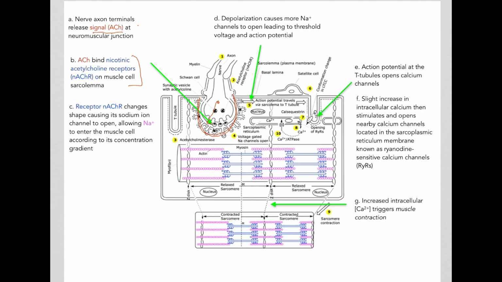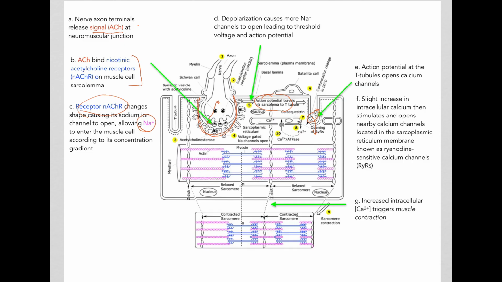That leads to a change in the receptor shape, and that causes sodium ion channel of the receptor to open, which results in depolarization and action potential. And that action potential travels through the plasma membrane of the muscle cell and causes the opening of calcium channels in the T-tubules, resulting in calcium entry into the cell.